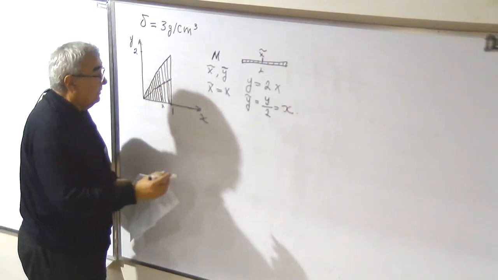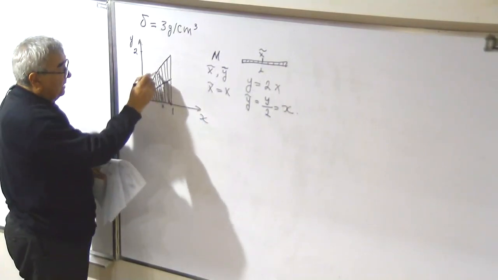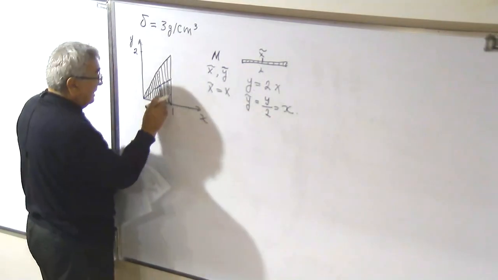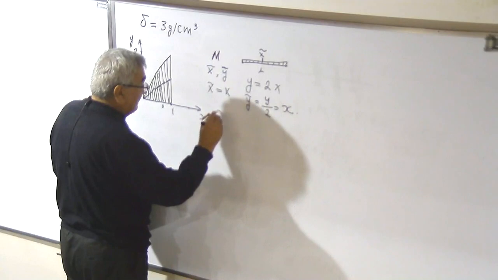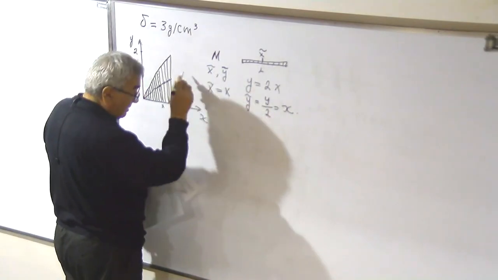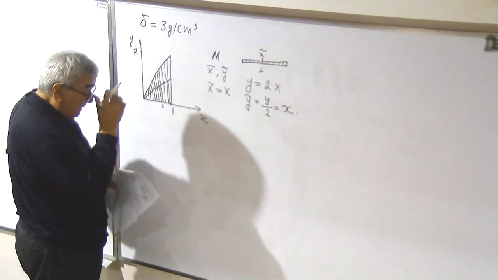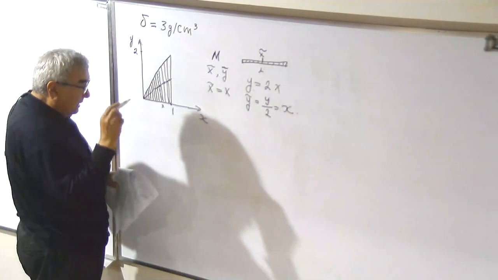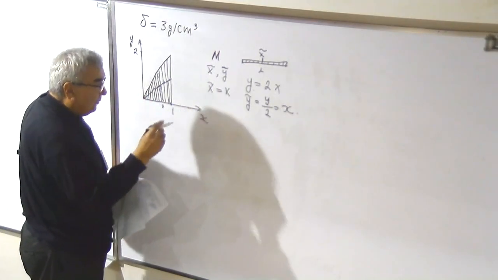Let us now find the mass of this strip. To find the mass, if we consider the plate, it is necessary to multiply the area of this plate by rho if the mass is distributed uniformly.